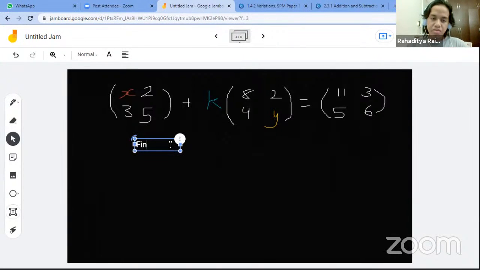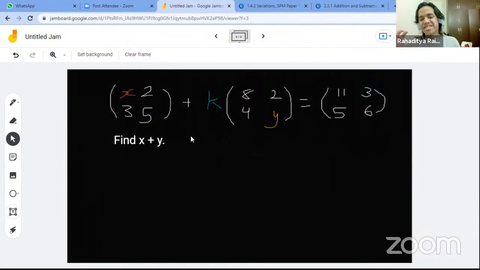The question will ask you to find x plus y. So I'd like to ask, what is the first thing you should do in this question? Does anyone know? If you're not sure, then you can type no. Okay, form the equation. What equation do you want to form first?